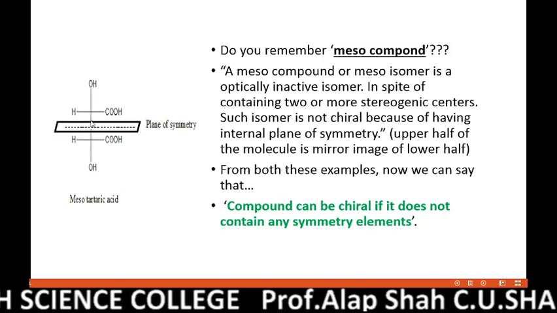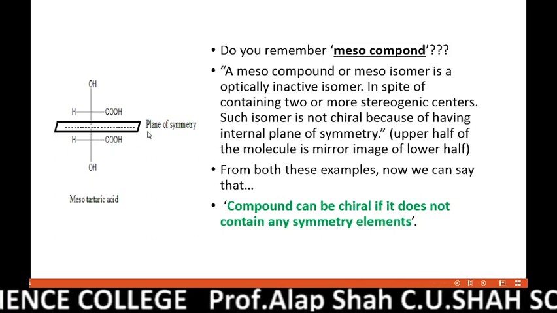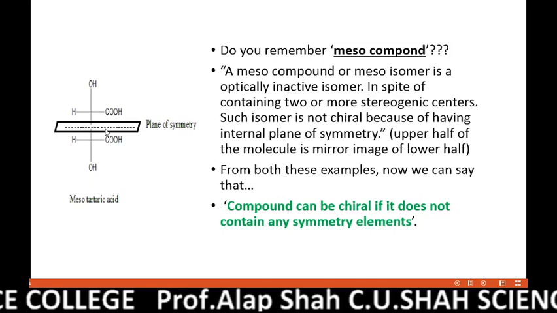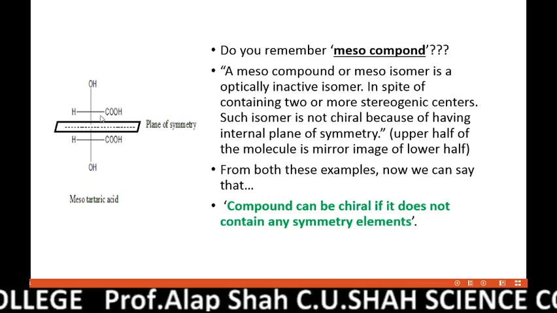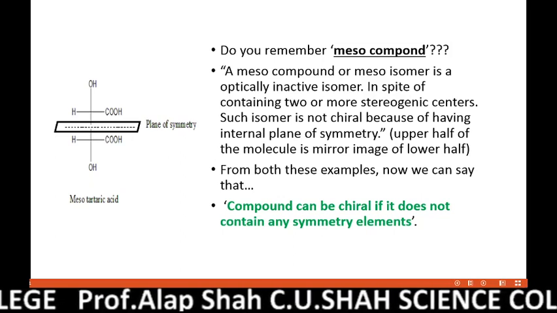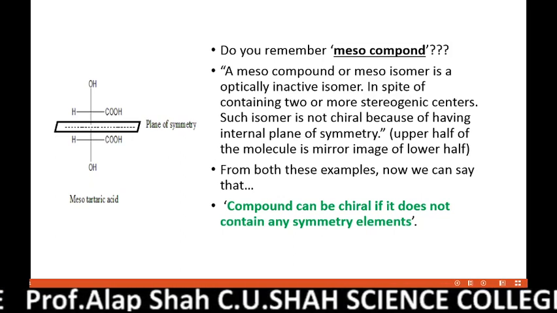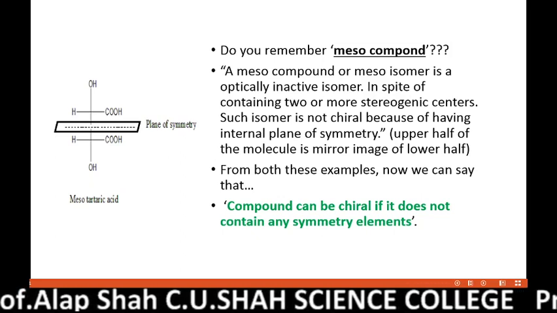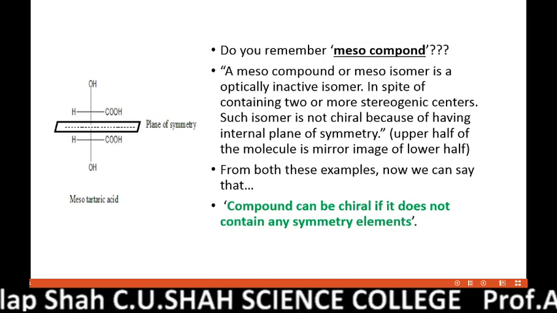So both carbons are chiral carbons. But as you can see, the plane of symmetry is present. As a result, in spite of having two chiral carbons, this compound, in which the upper part is like a mirror image of the bottom part, is optically inactive and not chiral, but achiral.